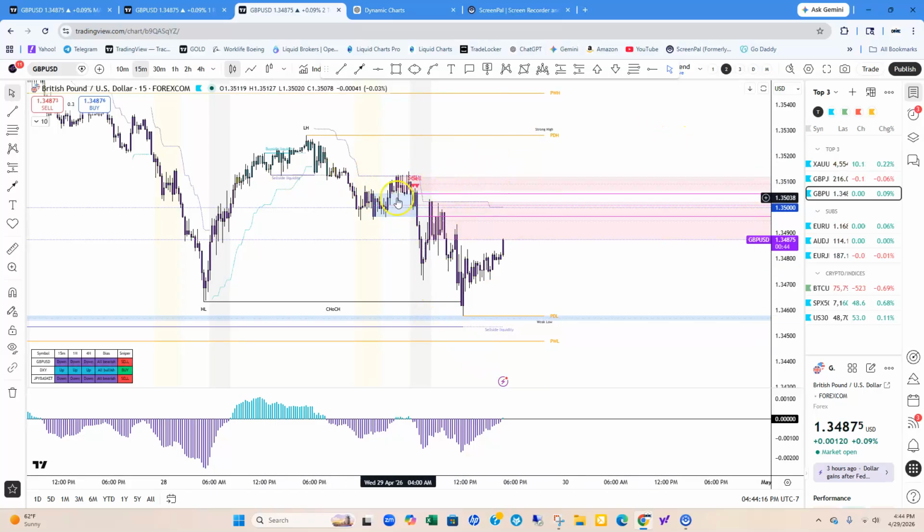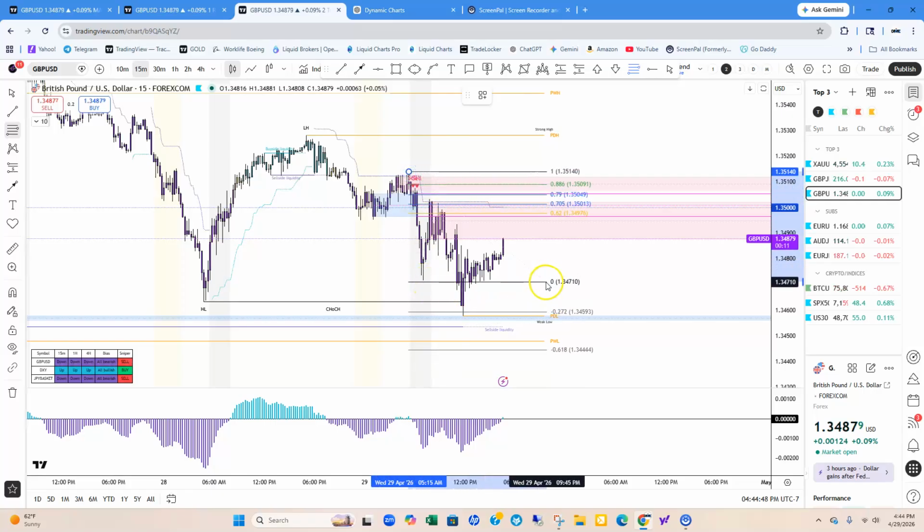So basically what you want to do is find this, I don't know what you would call it, a micro impulse, just a little push going into your trading time window. So it will be from this high to this low going into this New York time slot. And basically you just take your fibs and put them on that high to this low right here.